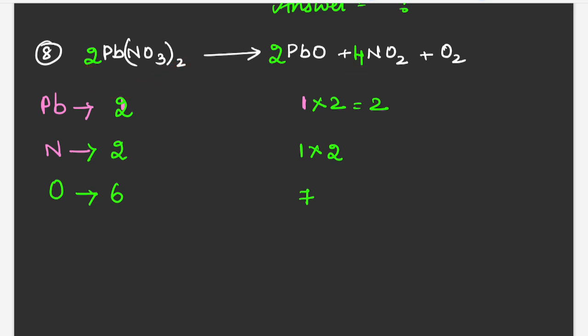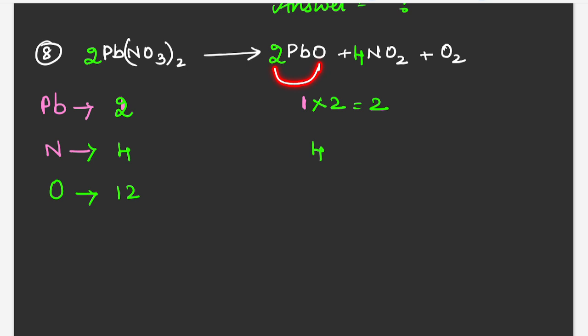So now again we have to check for the oxygen atom. So this is 4 and 4. Let us check oxygen. 3 2s are 6, 6 2s are 12. So here you have 12 oxygen atoms. On the other side you check how many are there.